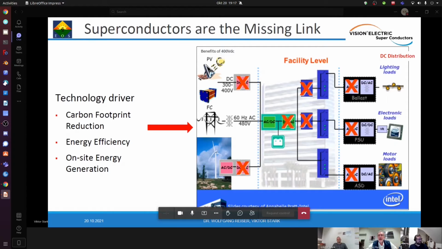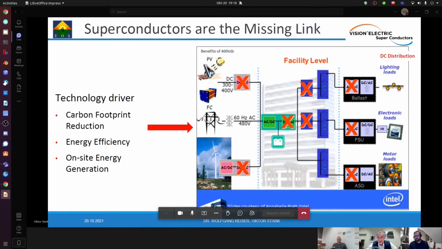So Annabel Brett of Intel in those days made a study cutting out all the different power conversion steps, and she found that this would save about 15% of the power losses which are normally there in a data center. 15% on the power losses is not that small.